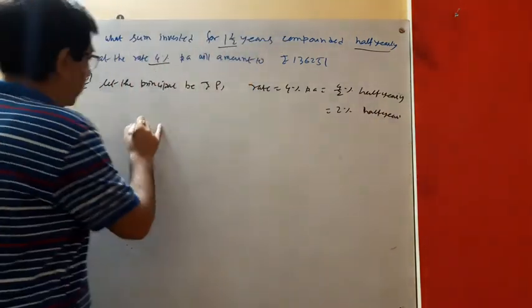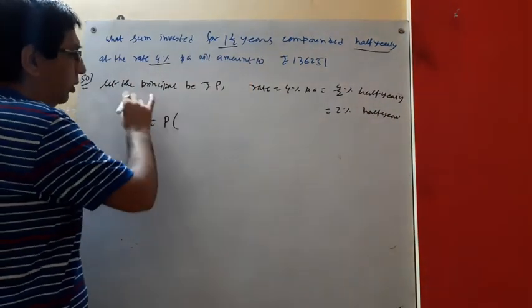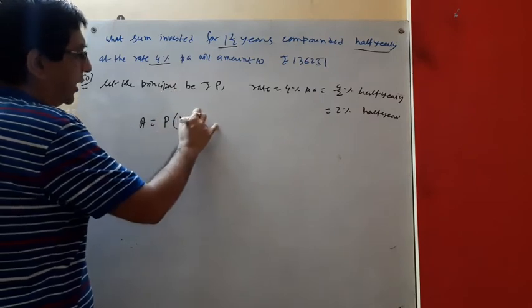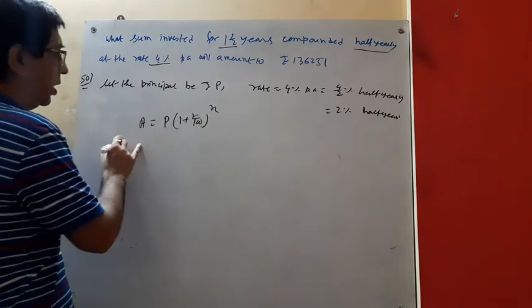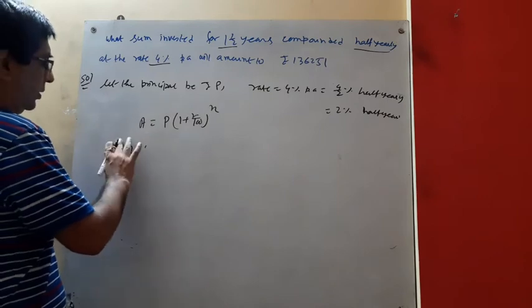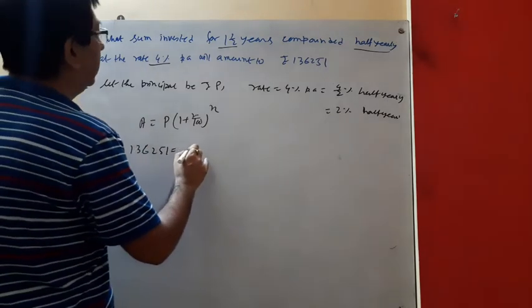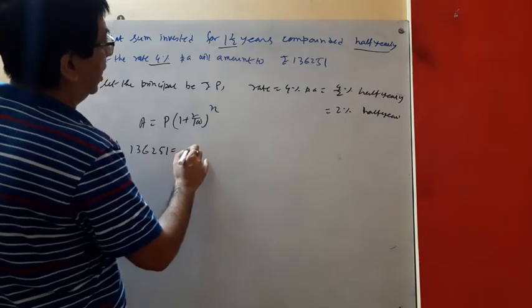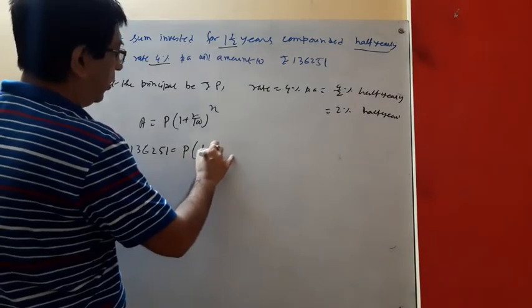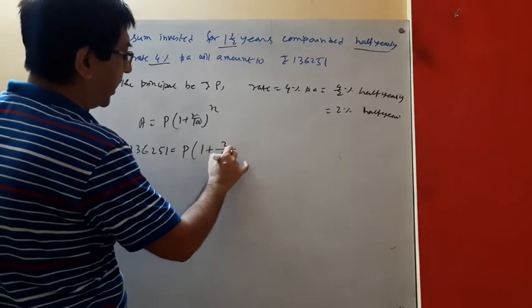Okay. Now using the formula, you will write P into 1 plus R by 100 whole to the power n. What is amount? 136251. What is principal? Principal is what you have to find. 1 plus what is rate of interest? 2 by 100.